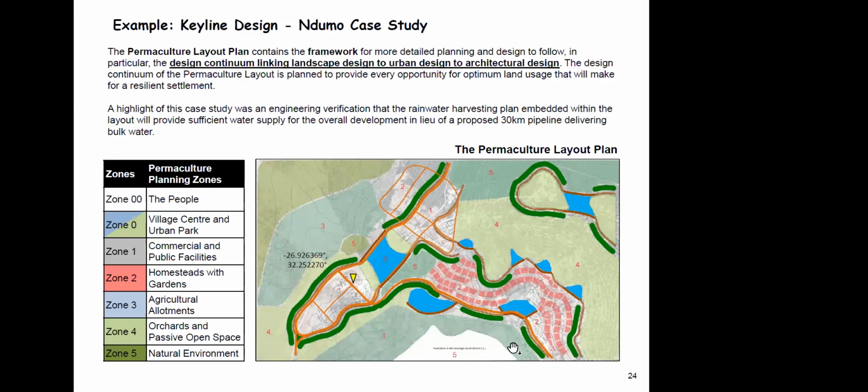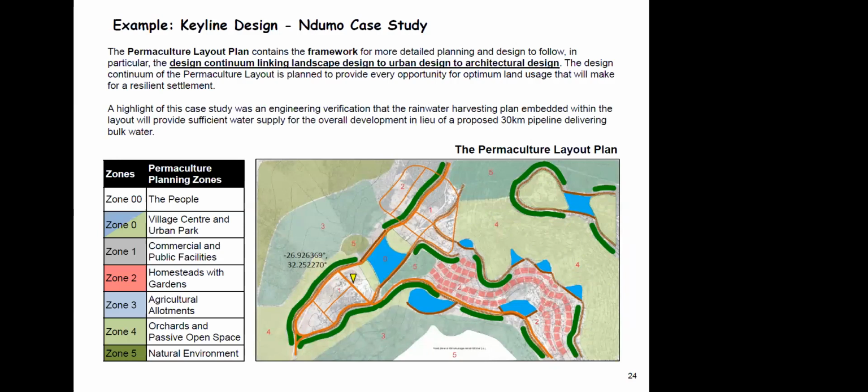Zone 3 would be your agricultural allotments. Zone 4, on the steeper parts of land here, you have your orchards and passive open space. And then zone 5, on the steepest slopes, you've got your natural environment and also down into the wetland down here at the bottom. So that's an example of a framework design for a permaculture process.